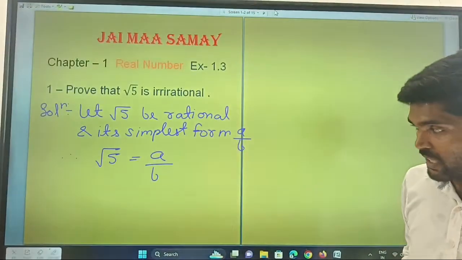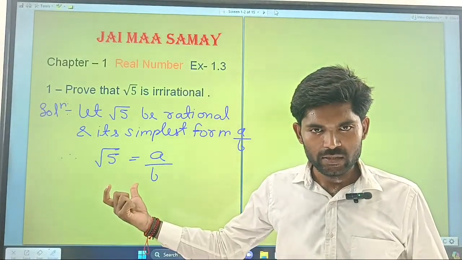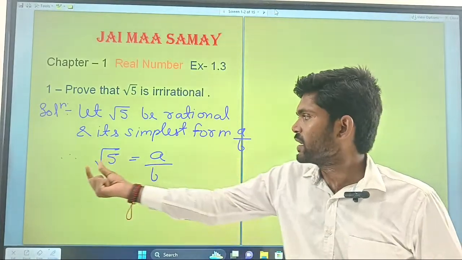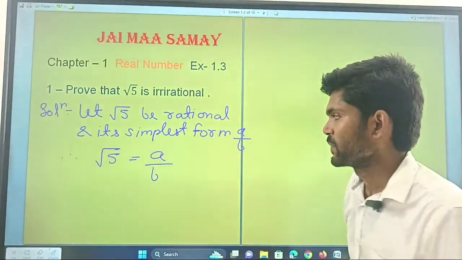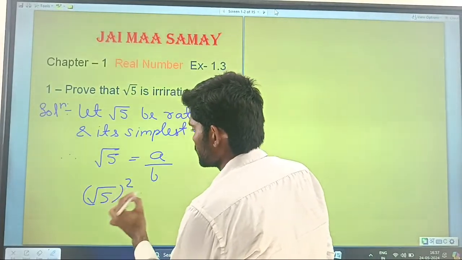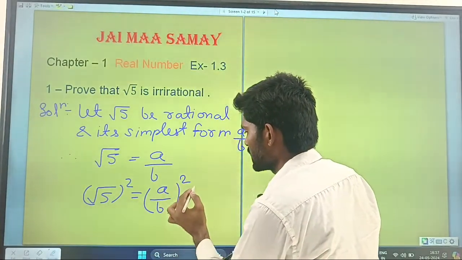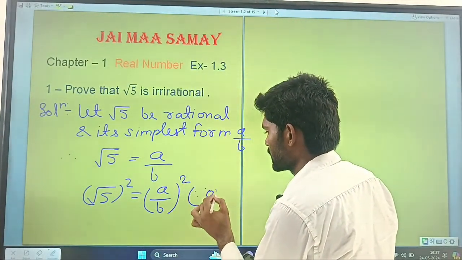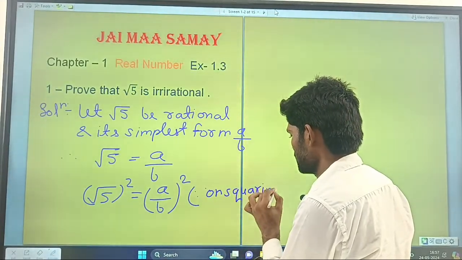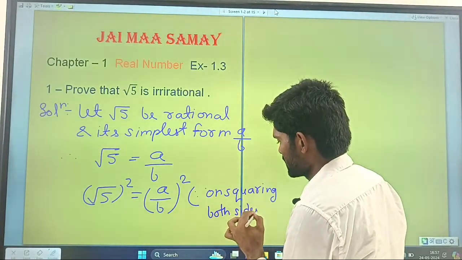Clear? Then how to remove under root? Squaring both sides. First suppose rational, then simplest form A upon B, then squaring both sides. Write the statement: on squaring both sides.